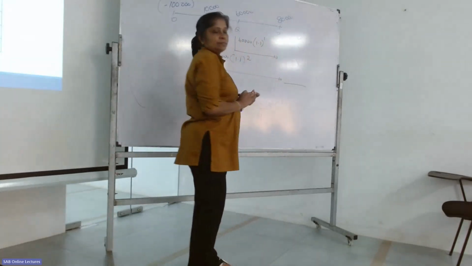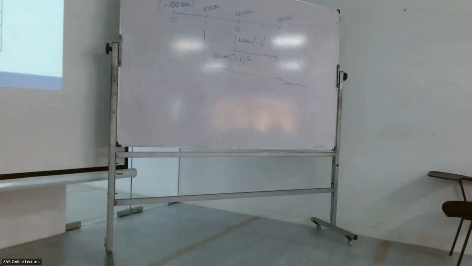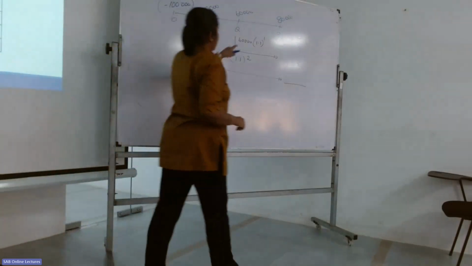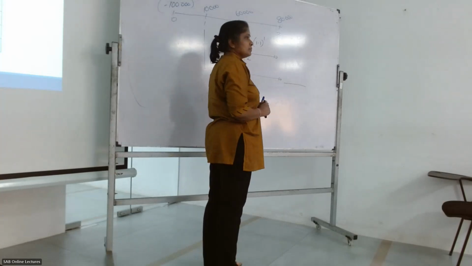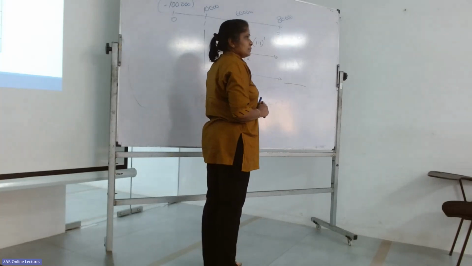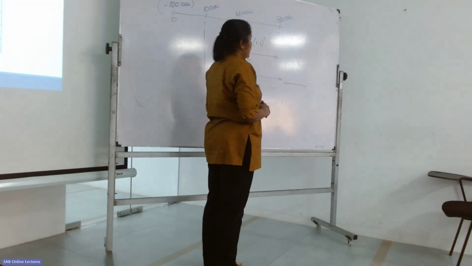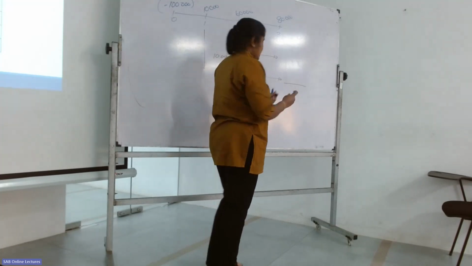The 80,000 you add as it is. 60,000 into 1.1 means 66,000.